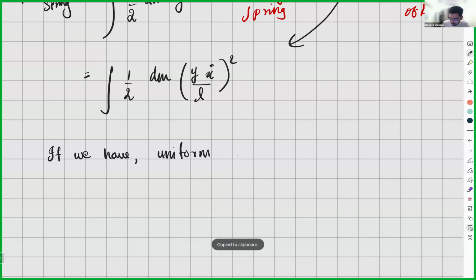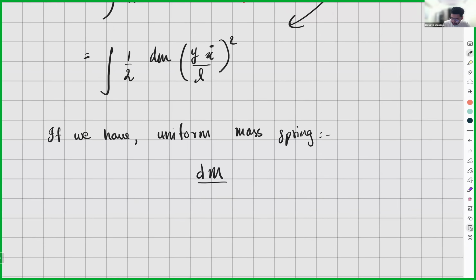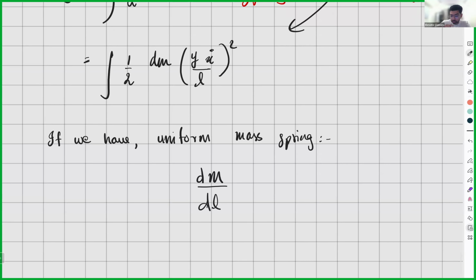If we have a uniform mass spring, I'm trying to calculate dm, which is the mass of an element of the spring. If we have uniform mass, then of course I can say that the small element mass divided by the length of the small element, dl, will be equal to the total mass by the total length of the spring. The total mass of the spring is ms and the total length of the spring is L.